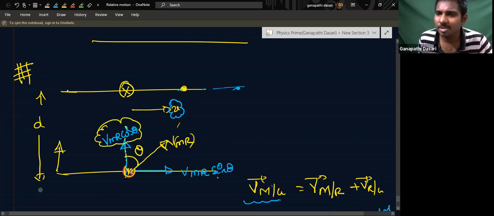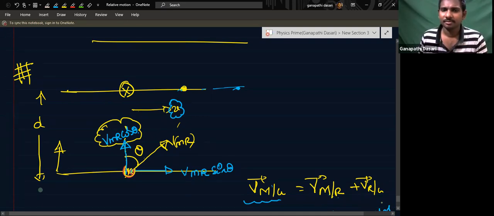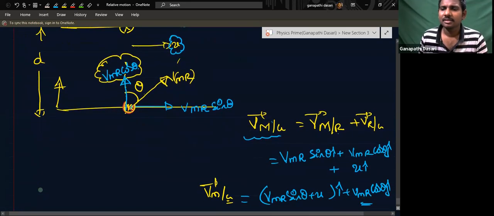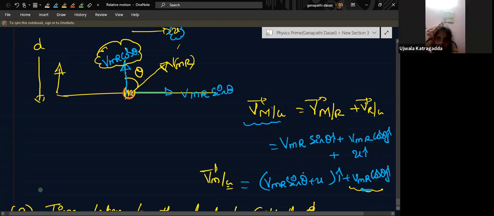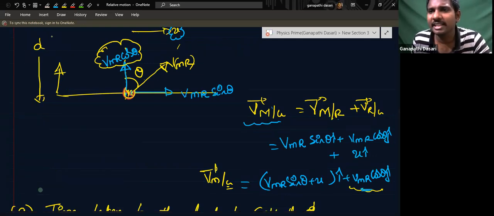Horizontal velocities are responsible for horizontal displacement. Vertical velocity is responsible for vertical displacement. What is the vertical velocity here? Only VMR cos theta j cap. In projectile also we did this. To find the range, we took horizontal velocity into time.